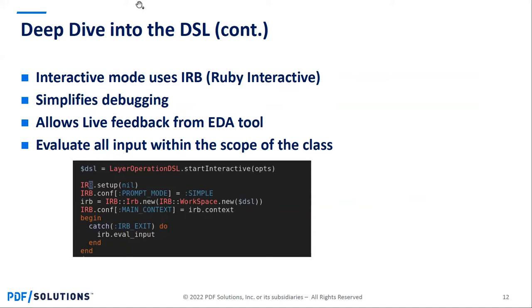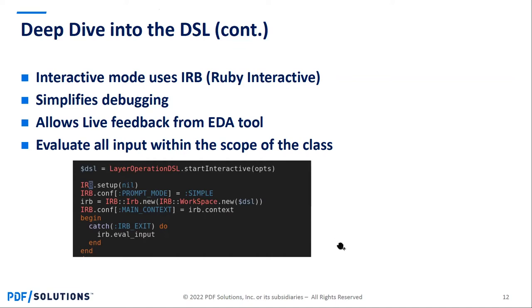If you would look through this line by line, you would recognize that I give the IRB essentially my class as its context, and every command I type in the shell will be evaluated within the scope of that class. So that's a really neat trick where you can hijack the interactive shell from Ruby to do whatever you want with it, and in this case, use it for our DSL, for some real-time feedback on how you interact with your OpenAccess code.